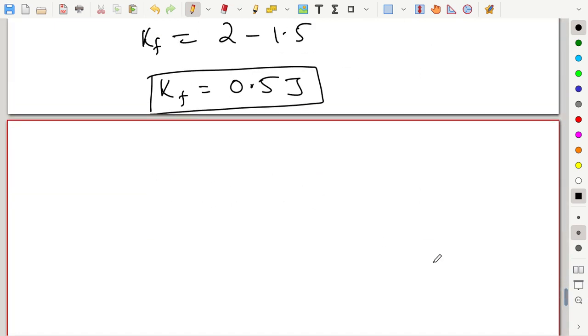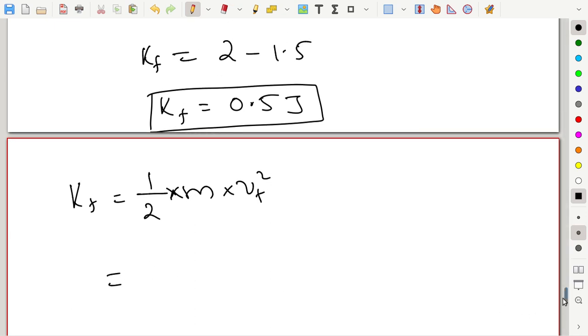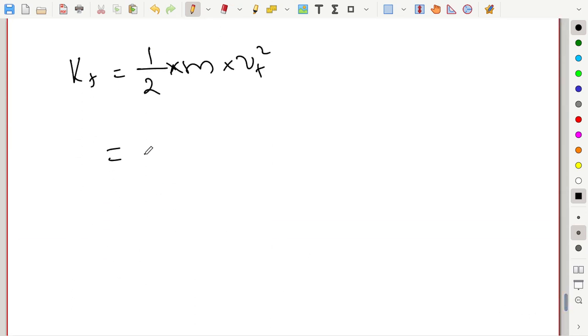From this we can also calculate the final speed. kf is nothing but half m vf square. We know m, which is already used, 1 kg, therefore half into 1 into vf square.